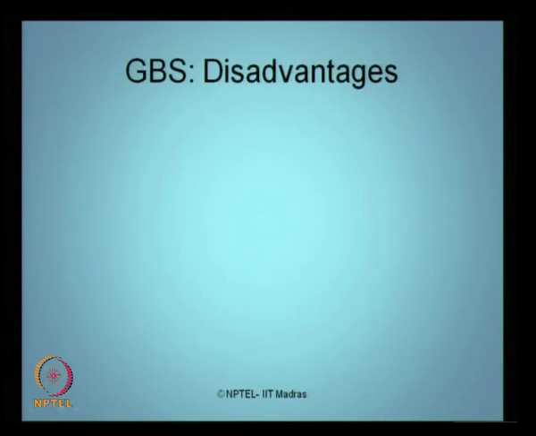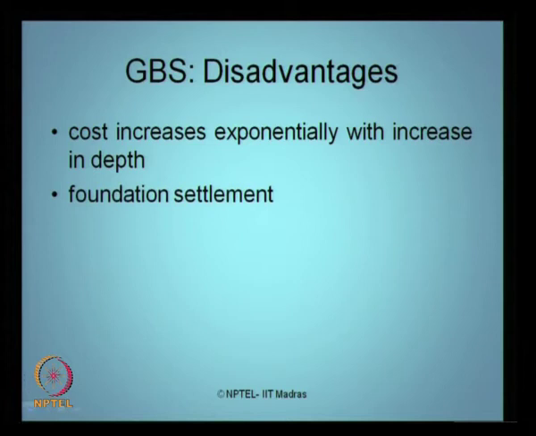Of course, gravity based structures have certain demerits as well. The cost increases exponentially with the increase in depth of these platforms. They also impose a very serious limitation. They cause what we call foundation settlement. Geotechnical problems are very specific and critical as far as GBS platforms are concerned.